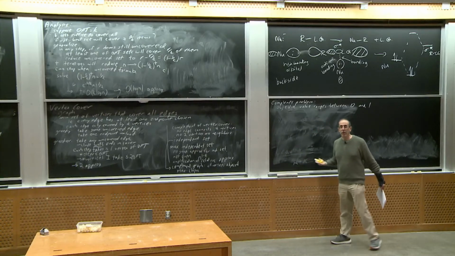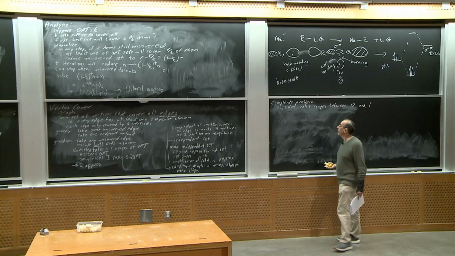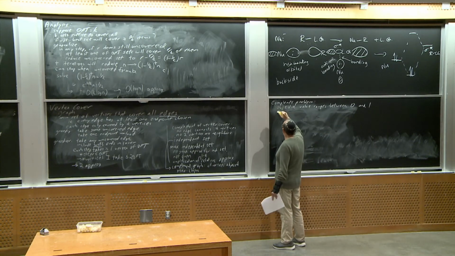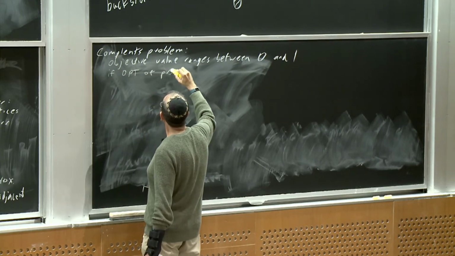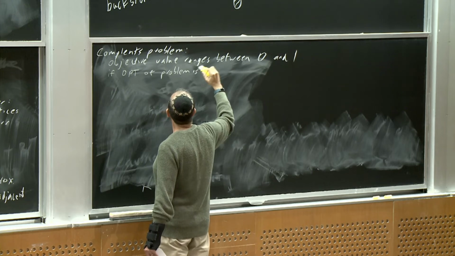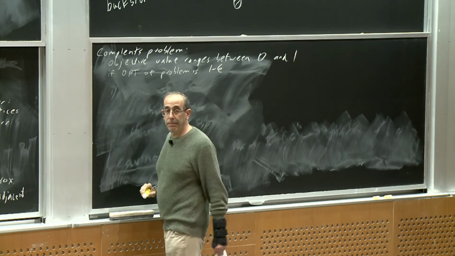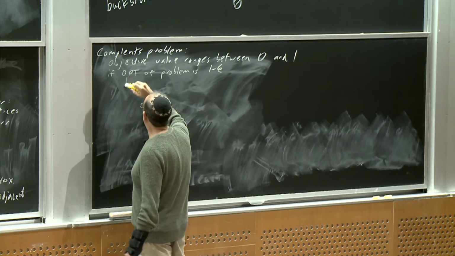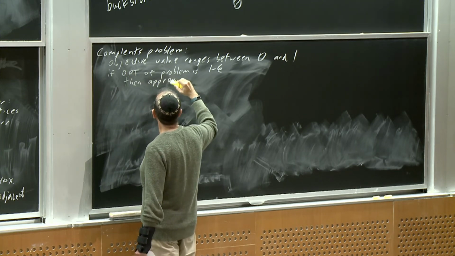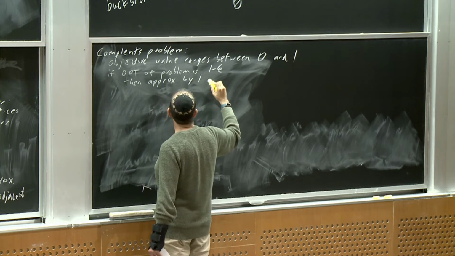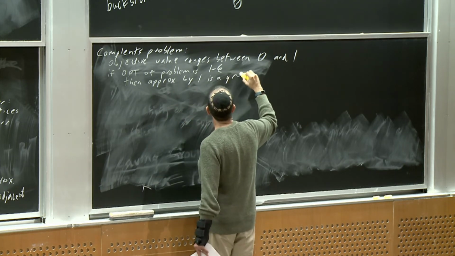Okay, that's the kind of objective function you're looking for. So if the optimum of your problem is 1 minus epsilon, then an approximation of this optimum by 1 is a great relative approximation.